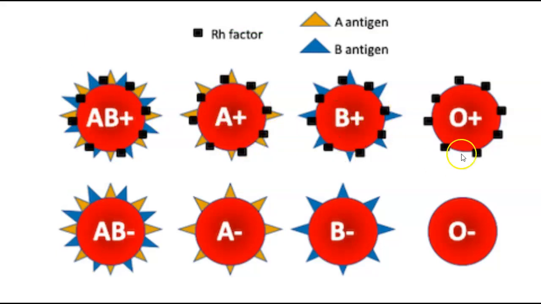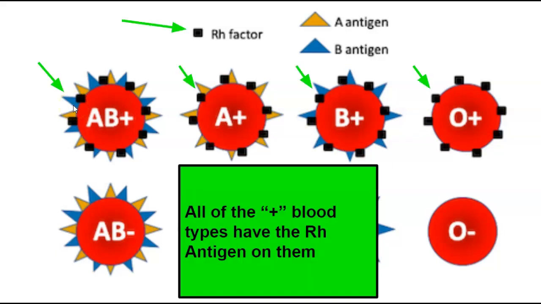So this whole top row, what do they all have in common? They all have something called Rh factor. Again, this is a protein that's on the outside of the cell. Okay, you don't need to write any of this down, but I just wanted you to get an idea of what these blood cells look like and how they're named. So they're named for the proteins that are on the outside of them.